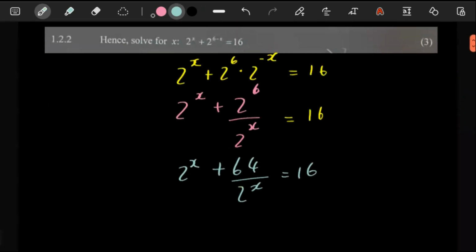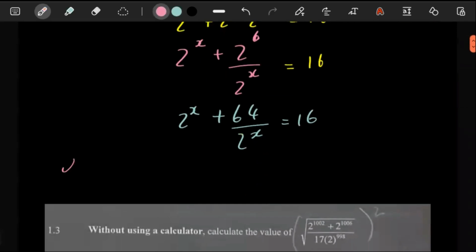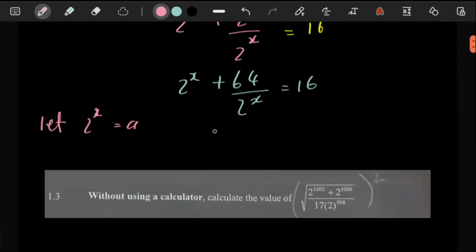So here, let 2 to the power of x equal a. We are going to have a plus 64 over a. What we know is that a is equal to 8.